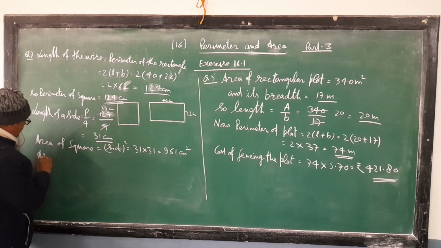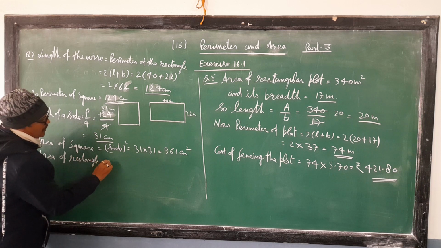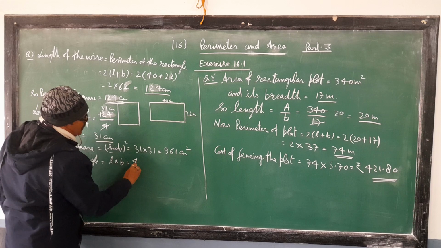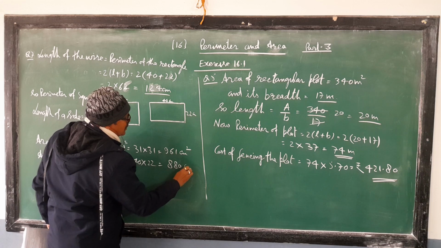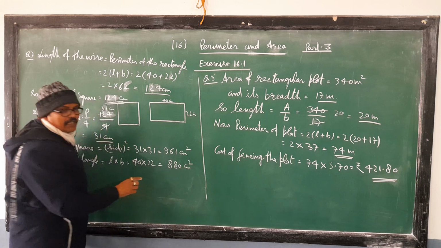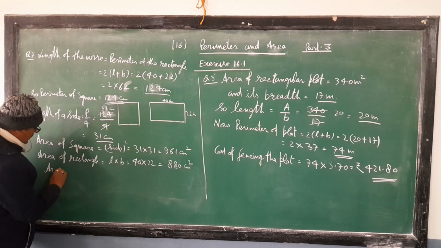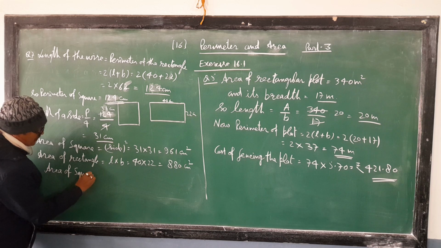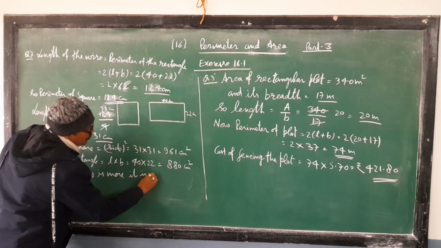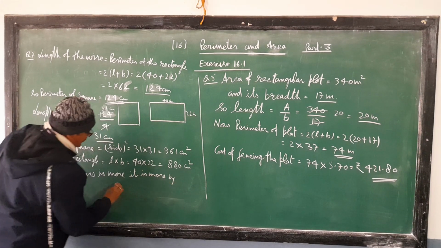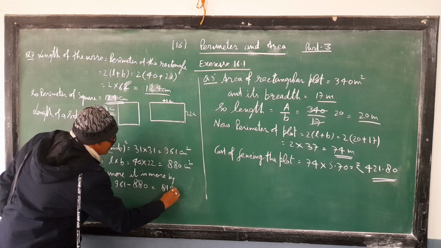And area of rectangle is length into breadth, 40 into 22, 880 centimeter square. So which area is more? Area of square is more. It is more by 961 minus 880, 81 centimeter square.